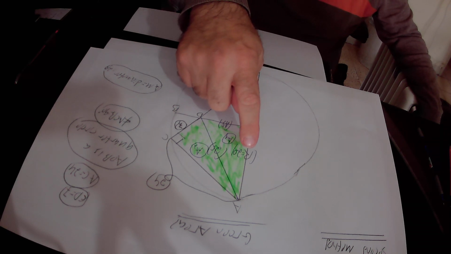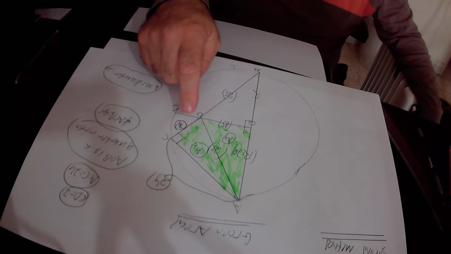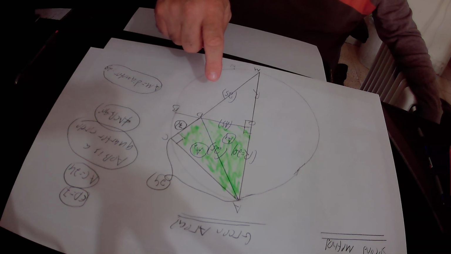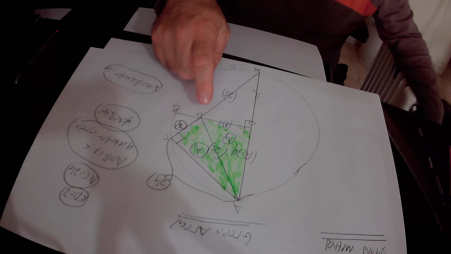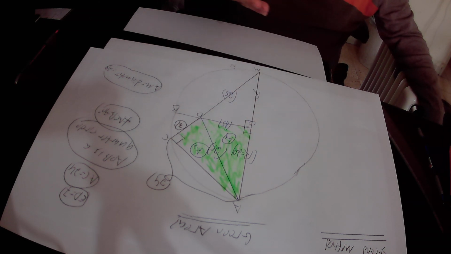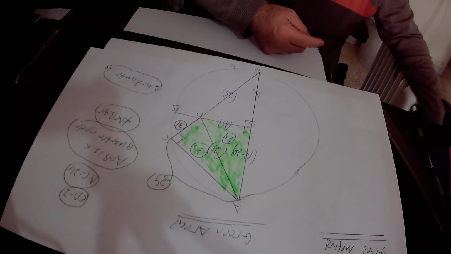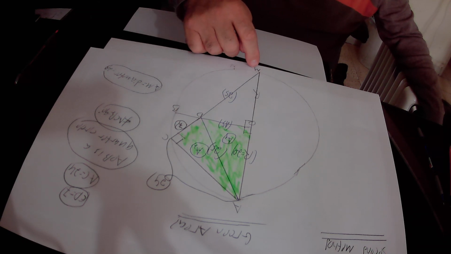It rests on AN, which is not the diameter. But because this peripheral angle ACN equals 90 degrees, it must rest on AM, the diameter of the circle. Otherwise, it contradicts rule number 5. Therefore, the extended CD must touch the circle at point M and not at any other point.